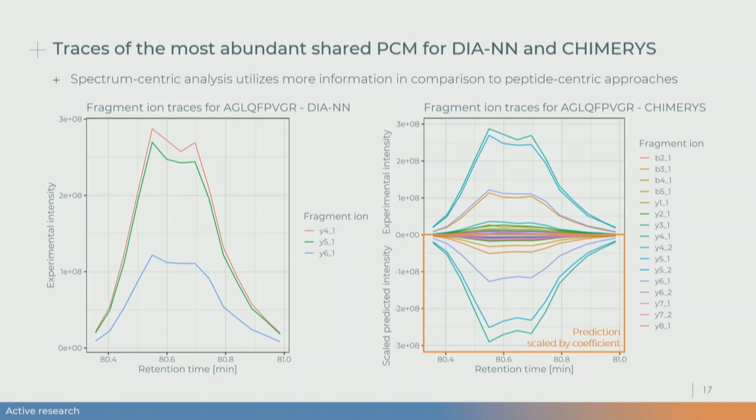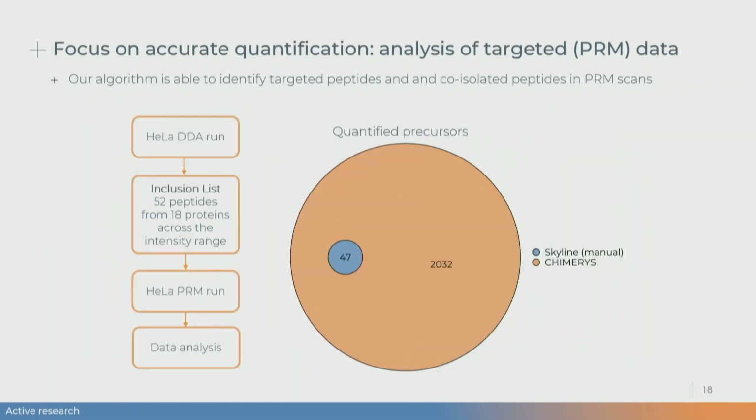And with that, I would like to move from DIA a bit further into another technique that uses XIC type of analyses very frequently, and that is PRM. So we hypothesized, if that works nicely for DIA, why shouldn't it work for PRM? And what we did is we did a HeLa DDA run.